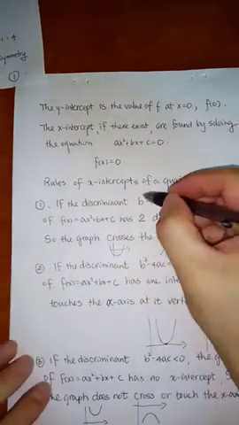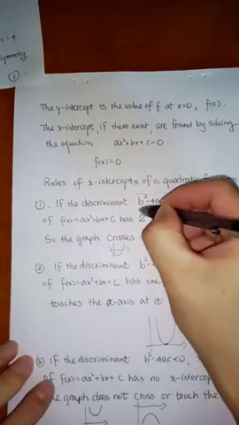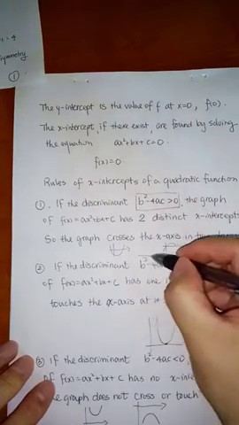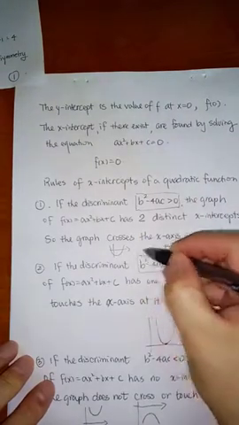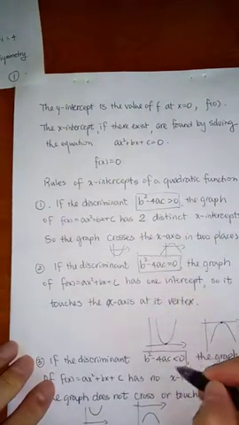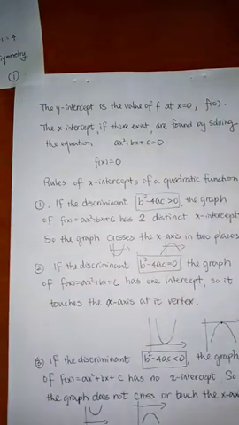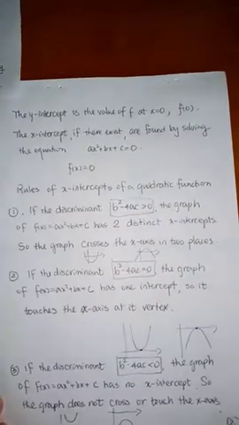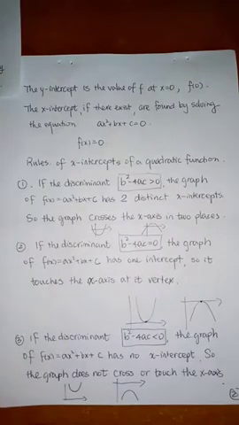It is totally determined by the discriminant: greater than 0, equal to 0, and less than 0. Okay? So that is the summary.